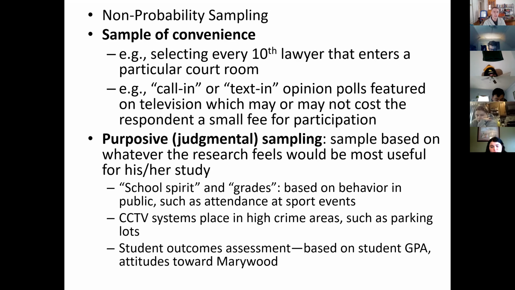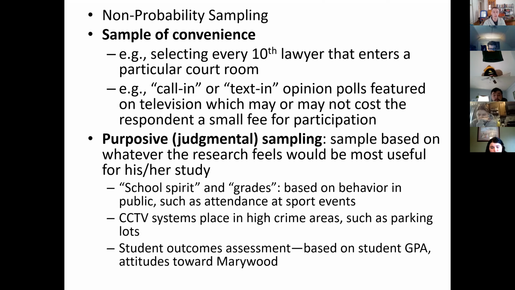There is also a type of sampling that is more targeted than samples of convenience, and this is purposive or judgmental sampling. So the sample is based on whatever the researcher feels would be most useful for his or her study. If you are trying to target a particular population, you may want to look at a sample that is going to have something to say, or have something that is measurable.